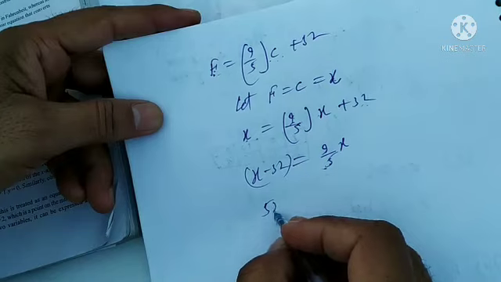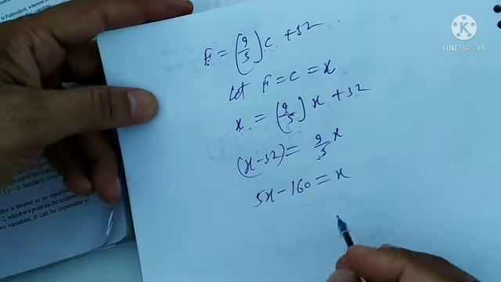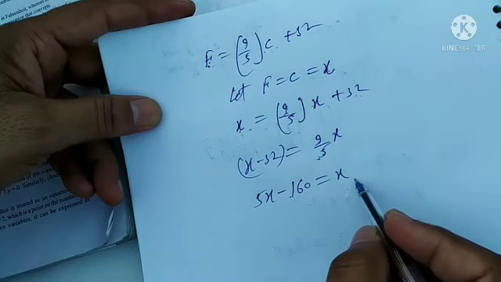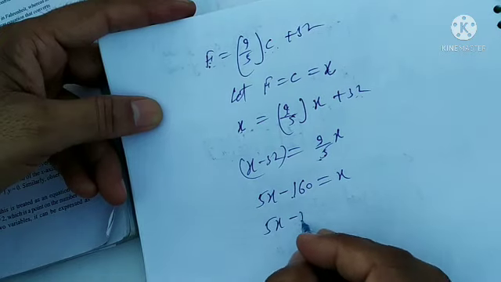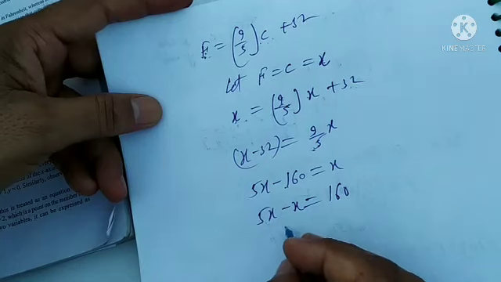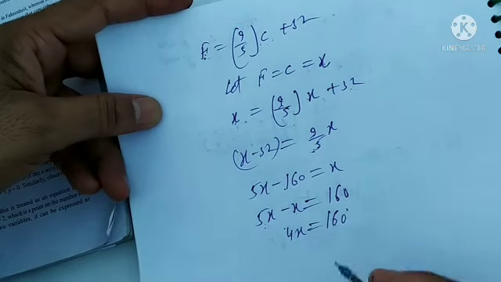Then 5X minus 32 into 5, 160, is equal to X. Now transposing 160, it is negative; taking it to this side it becomes positive, and X should be taken this side. Then 5X minus X is equal to 160. So 4X is equal to 160.